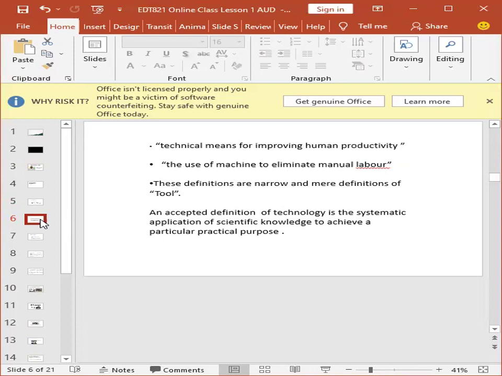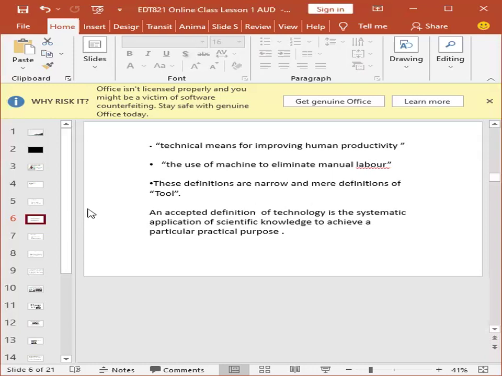Instead of using bare hands to clear bush, you can employ the use of cutlass, mower, and so on and so forth to clear bush. So these definitions of technology are narrow and mere definitions of tool.